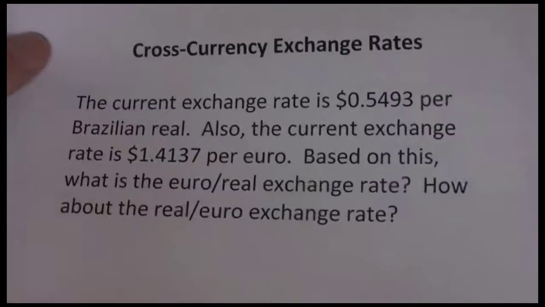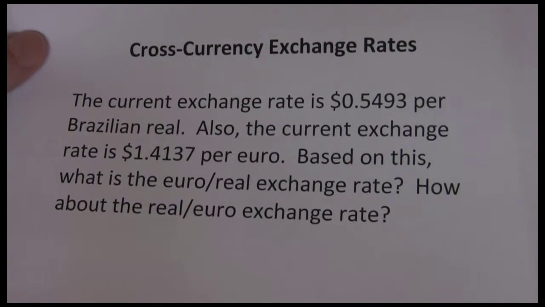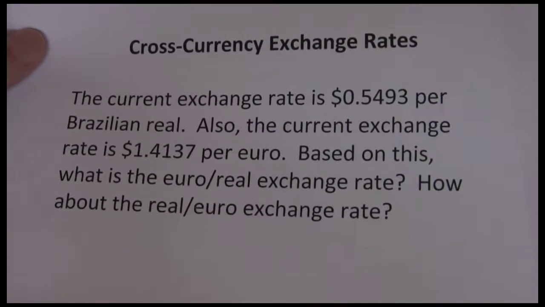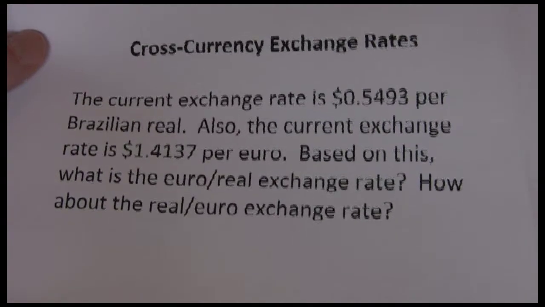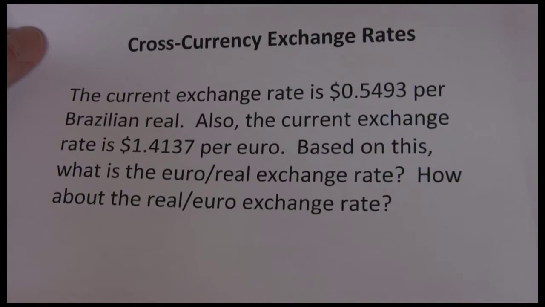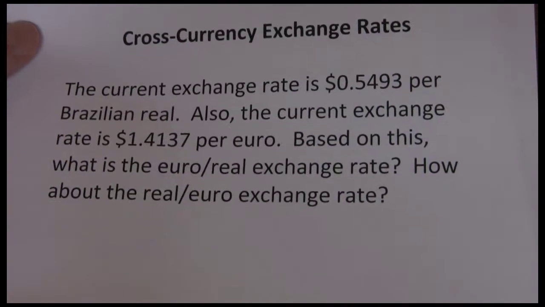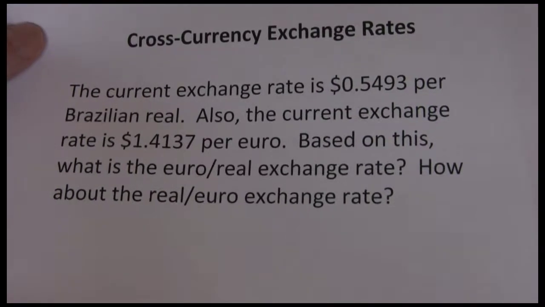For example, the current exchange rate is $0.5493 per Brazilian real. Also, the current exchange rate is $1.4137 per euro. So we know both the real and the euro exchange rate with the dollar. Based on this, what is the euro-real exchange rate?